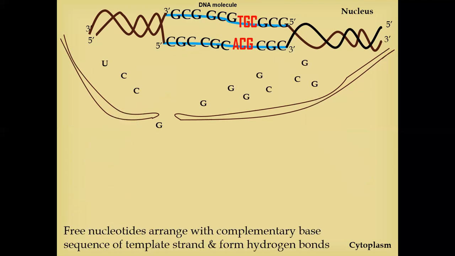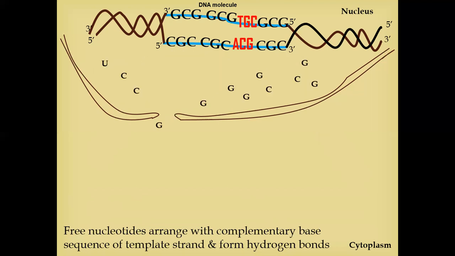So our transcription will start when one strand of the DNA provides a template strand. The free nucleotides will remove their extra phosphates, get activated, and arrange according to the complementary base sequence on the template strand.